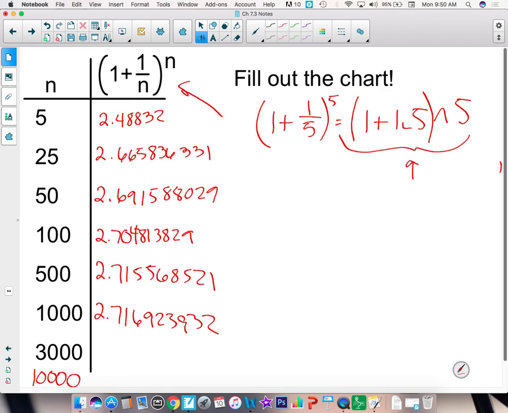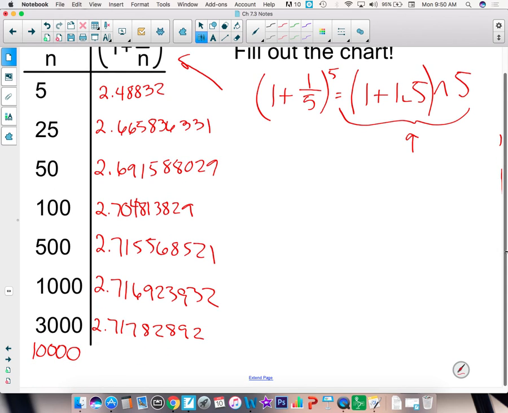And then we're going to use 3,000, and then we're going to do 10,000. Do one more if you haven't done that 10,000 yet, and then you should see some consistent values once you press the 10,000 one: 2.718145927.